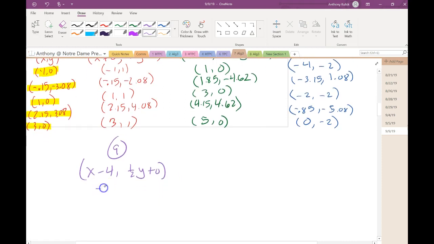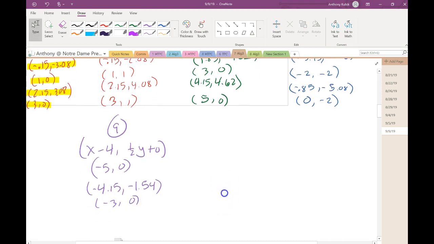So I'm going to have -5, 0, and then -4.15, and then half of 3.05 is -1.54, and then -3, and then -1.85, comma, positive 1.54, and then -1, 0.